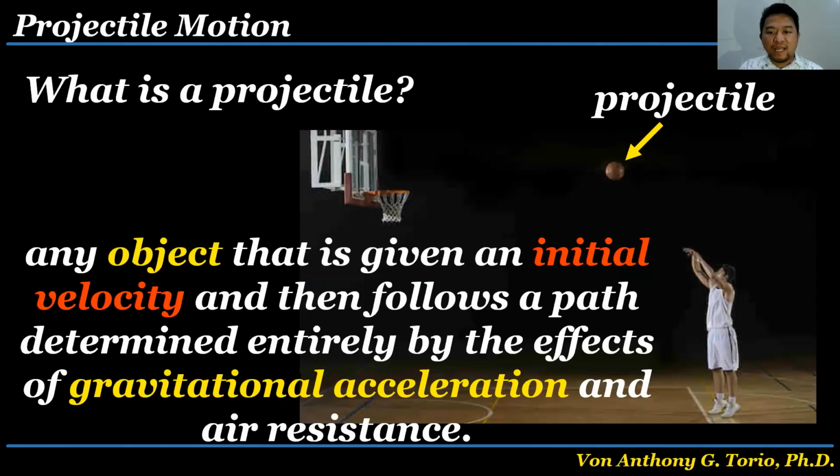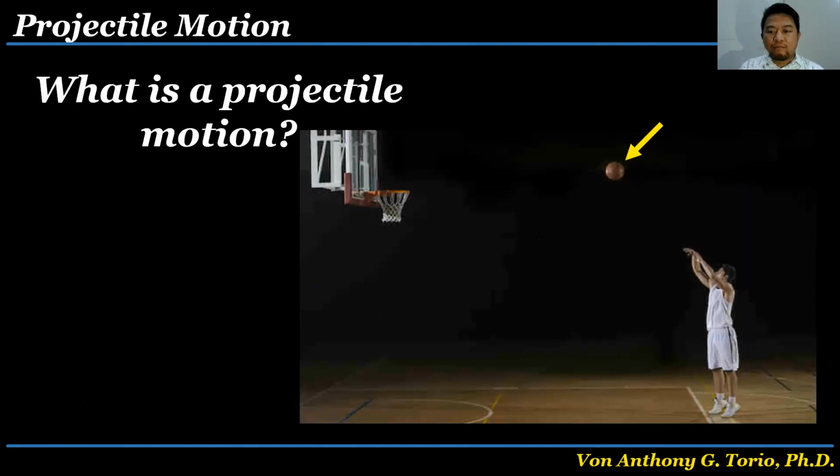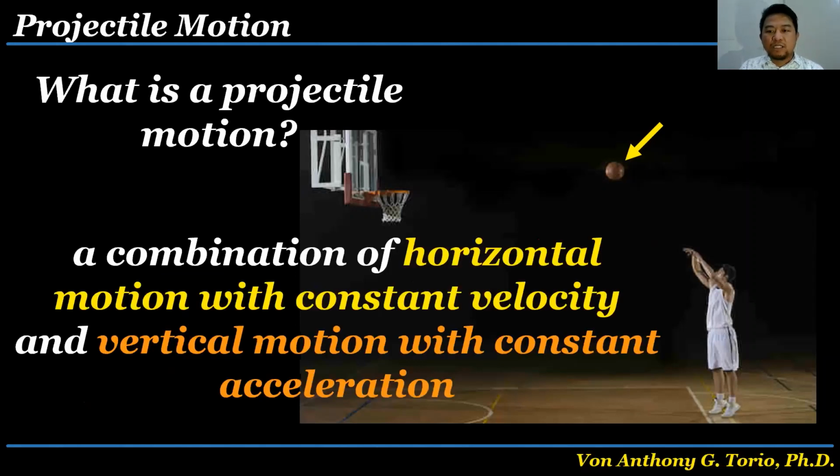A projectile is any object, say a ball, anything that is given an initial velocity and then follows a path determined entirely by the effects of gravitational acceleration and air resistance. So when you throw a ball, it will follow a particular path. The path that's taken by that projectile is called the trajectory.